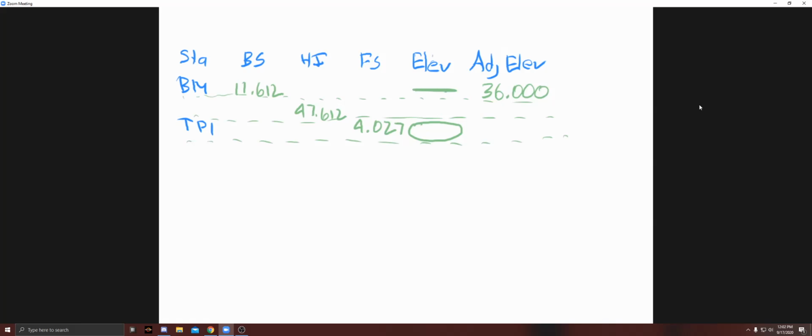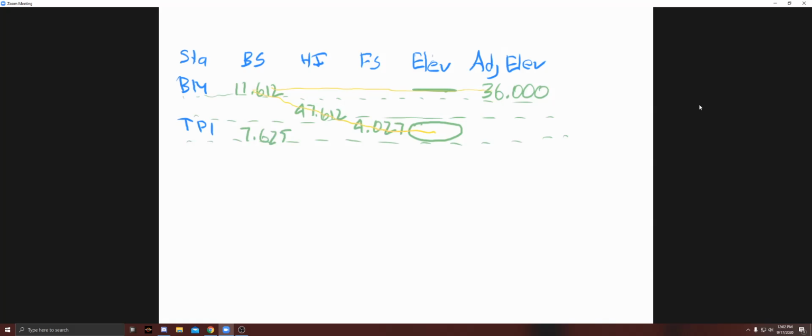So now you do it all over again. See how this flows kind of in a zigzag pattern? Now you start all over again for your next measurement. You've got your next backsight over here, which will be 7.625.